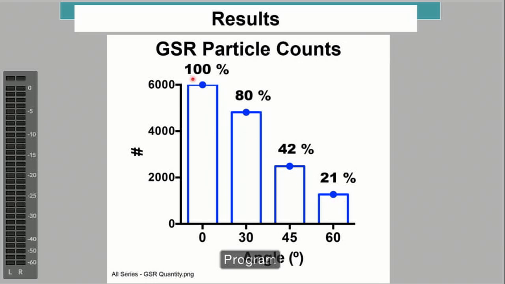So there's a whole lot less GSR at 60 than there is at 0, and so on. You can read the numbers right there. So this is the most important part of it, but there's more to it.